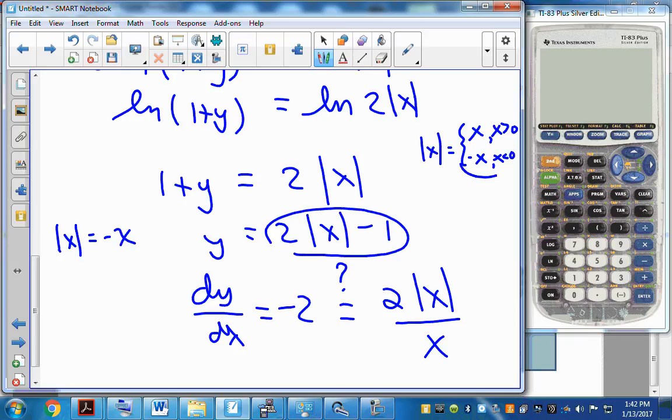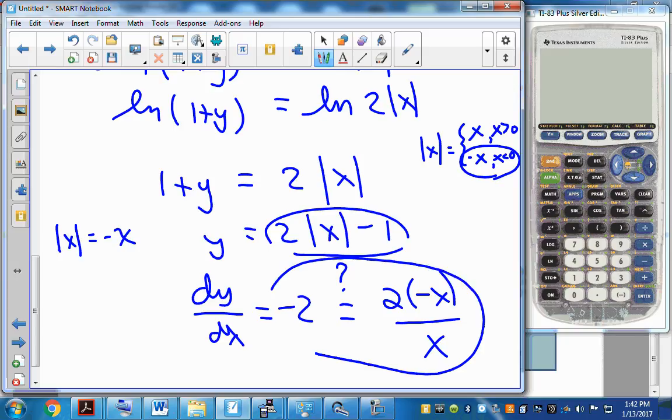And we certainly know x is less than 0, so sure, I can replace that with -x. And now, does it work? Yes? Is this true or false? Somebody tell me it's true. Oh, good, it's true. We've done the problem right. Right, because the x's cancel and you get -2 is -2. So everything works hunky-dory.